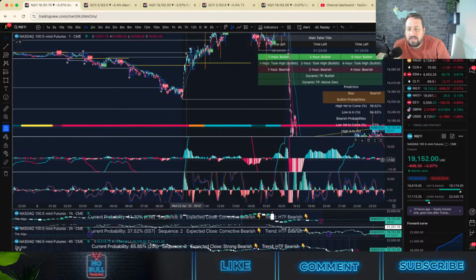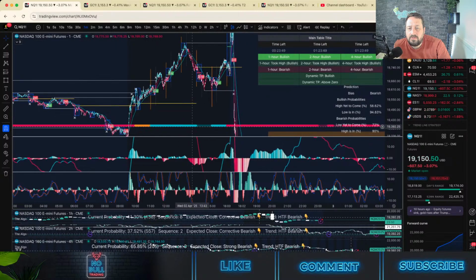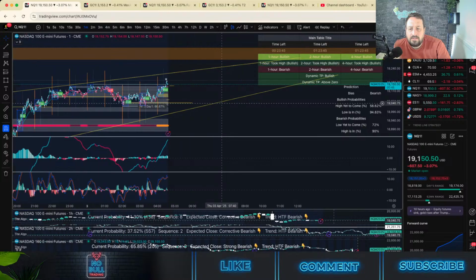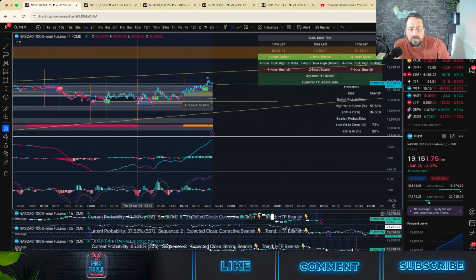There were still some good shorts in the morning as well, don't get me wrong. But dynamic TP came over. And then we had some nice clean hours. Some nice buy signals, taking us up. We haven't got the algos on this hour, right?